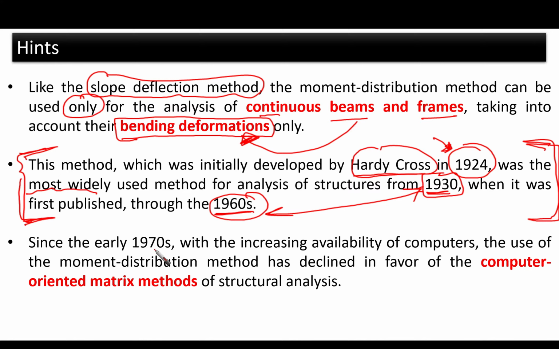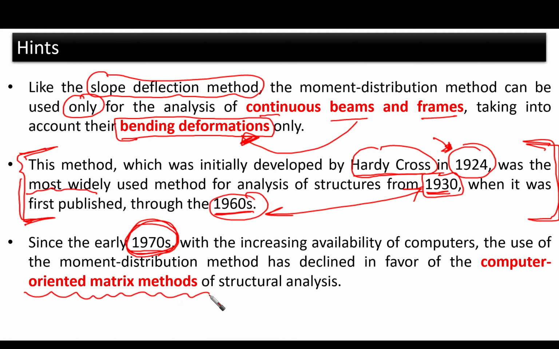Since the early 1970s, which is actually the start of the computer revolution in general, with the increasing availability of computers, the use of the moment distribution method has declined in favor of the computer-oriented matrix methods of structure analysis. And actually this is very true.